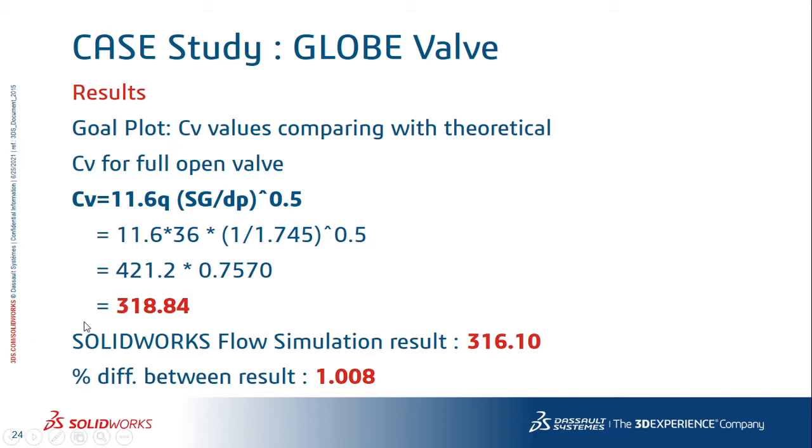I got the CV value for the full open condition of the valve to be 318.84, and SolidWorks Flow Simulation gave me 316.1. Again, the time spent on your hand calculation can be reduced very much. So this will provide you more time for innovating your product. The percent difference was nearly 1%, which is nothing.